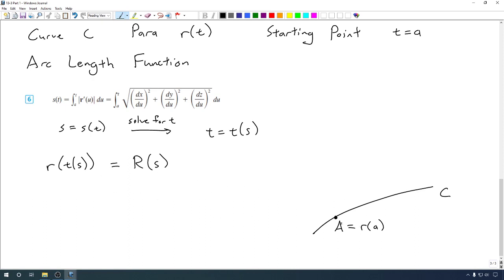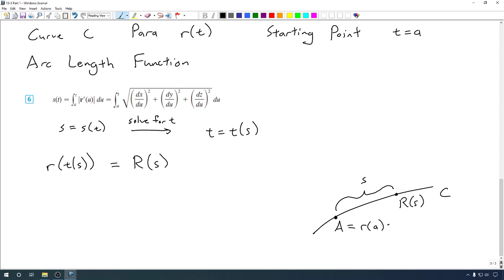Now, what is the whole point of this? Well, this parameterization tells us how far along the curve we are. If we pick a particular point on our curve, and the arc length here is s, then the parameter that we have to plug into capital R is exactly that s. The parameter that we use for capital R corresponds exactly with the arc length from our starting point A to the point on the curve.